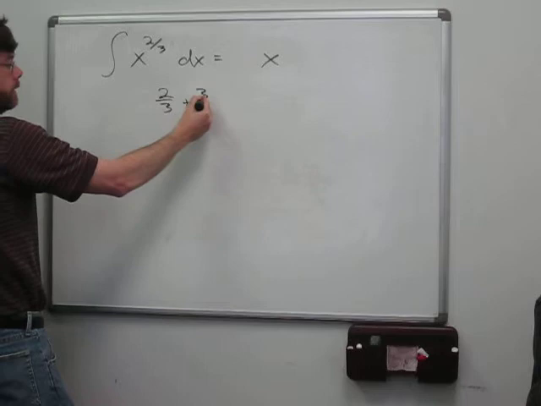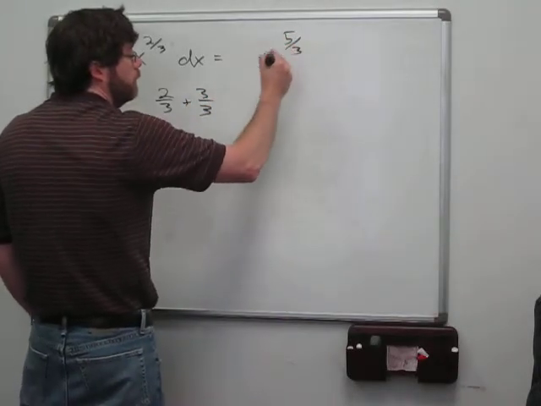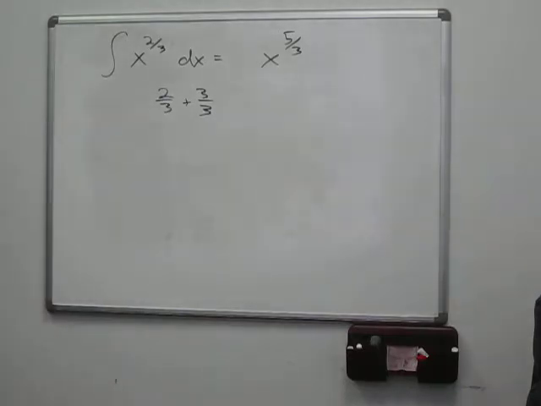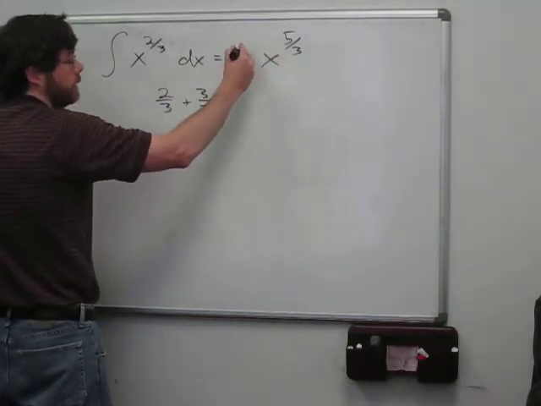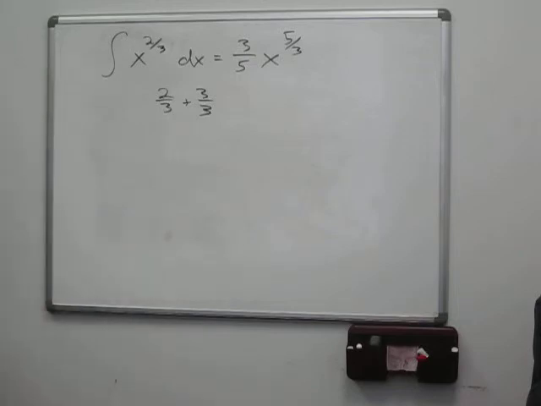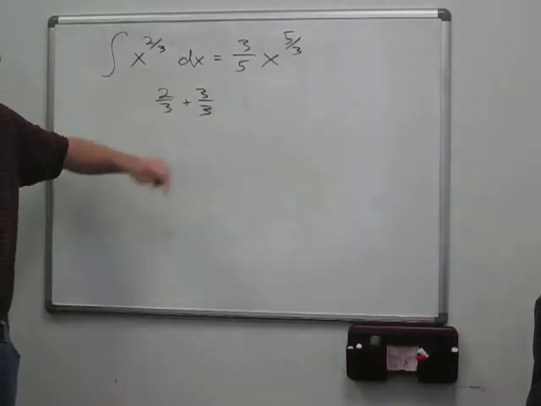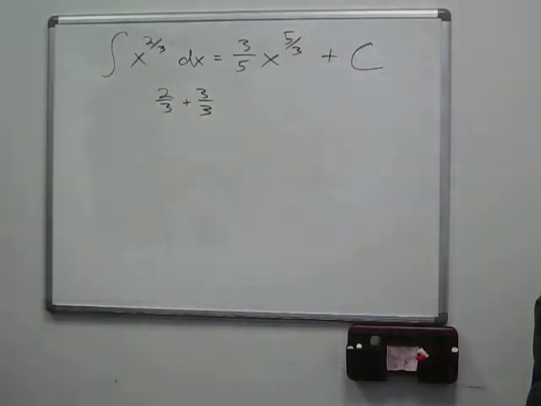So 2/3 plus 3/3. Our new power is going to be 5/3. And I'm going to take the coefficient of 1 and divide by 5/3. So this is the same as multiplying 1 by the reciprocal. So my coefficient here is going to be 3/5. And add C.